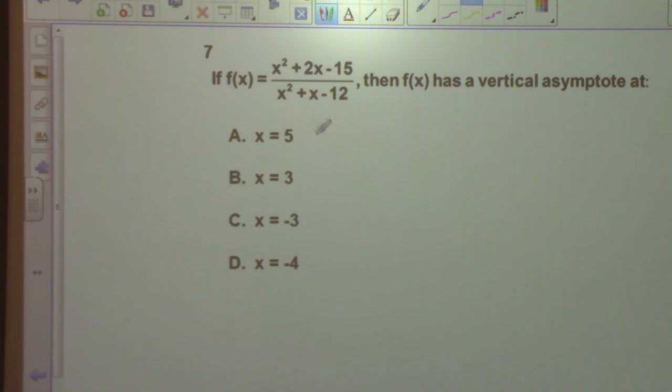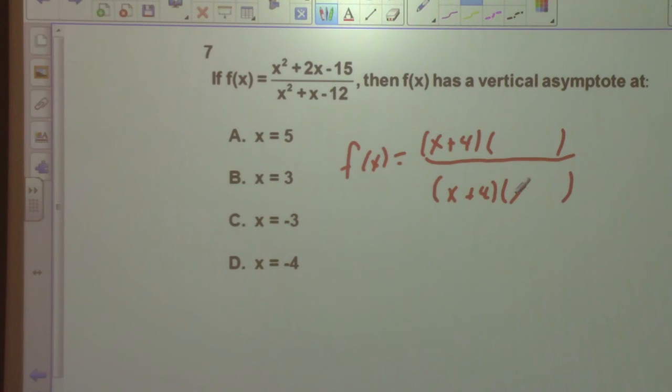This one here has a vertical asymptote at x equals -4. So you should get x plus 4, and then you'll have x minus 3 here, and x minus 3 here, x plus 5.